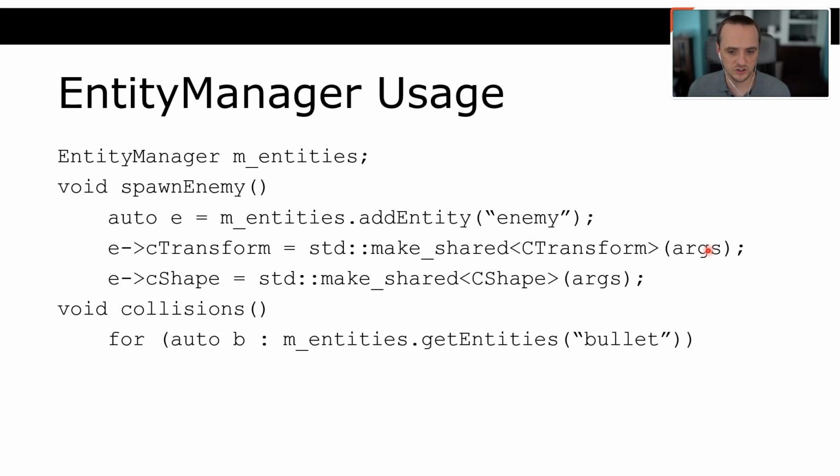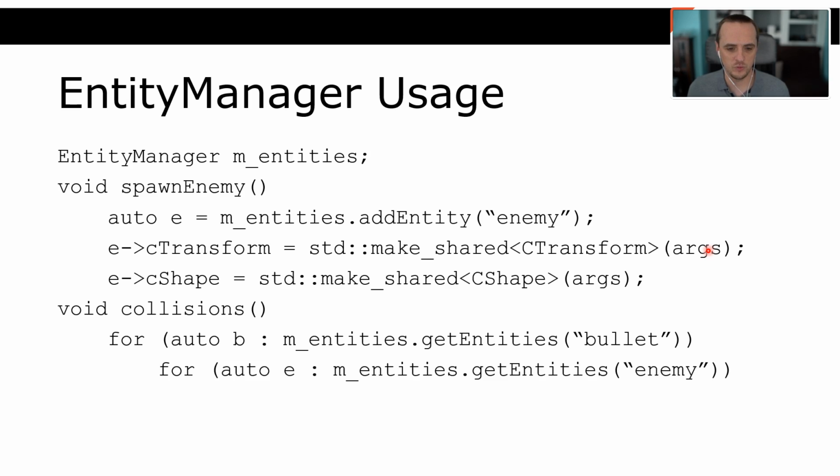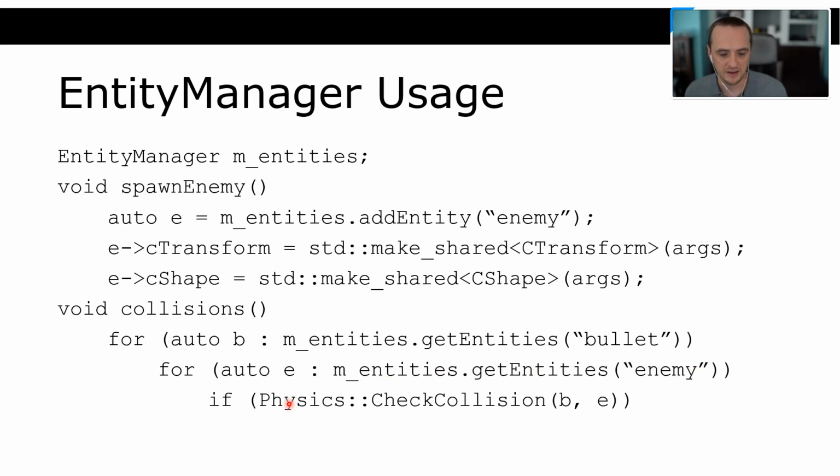Now, when we want to do collisions, let's say, for example, between bullets and enemies, all we have to do is call the entity manager and say, get me all the entities that have the tag of bullet. So for auto b, this will be our bullet entity, for each bullet in the bullets vector, we loop over every enemy in the enemies vector, and we say, hey, physics, if there was a collision between the bullet and the enemy, we can call b.destroy and e.destroy.